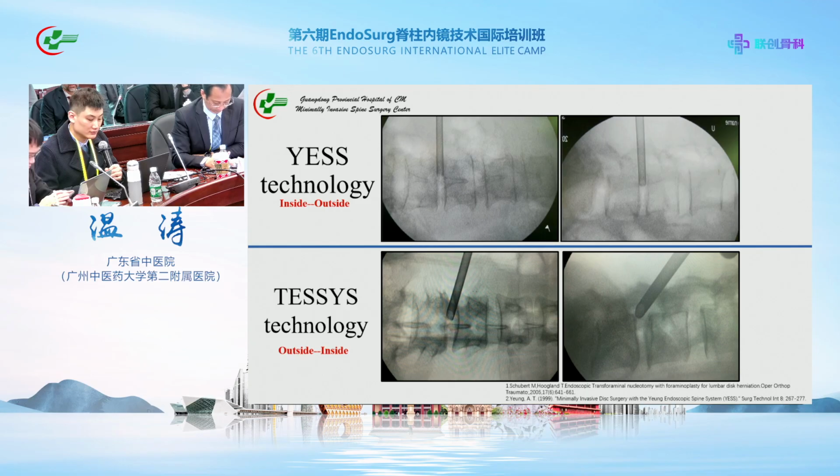So in order to reach the spinal canal, we need to resect some of the SAP. So the TELD technique came out. The TELD technique allows the working channel into the foraminal space, but we need multiple X-rays to make sure of the location and the safety during the operation of the TELD technique.